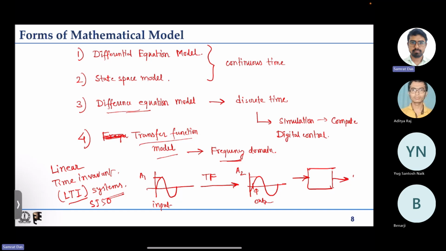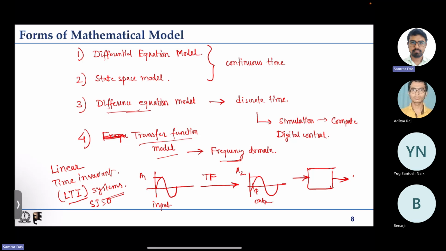So these are the four forms of mathematical models. Differential equation we have seen. State space model you might have studied, it is nothing but the differential equation model written in a different fashion, and there are different sets of mathematical operations possible on that. So there is a separate topic called state space analysis of control systems or any system, state space modeling and control of physical systems.